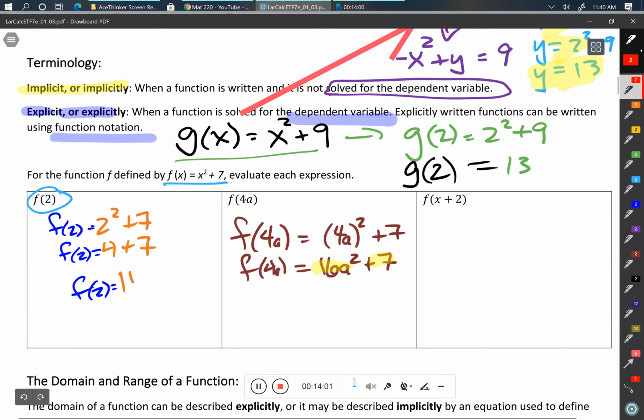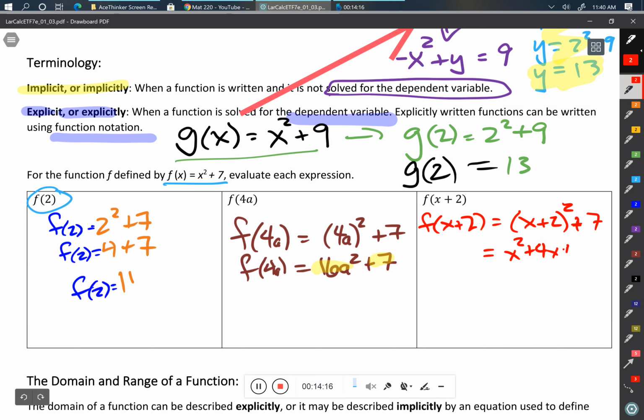Last one over here on the right, f of x plus 2. And so we have f of x plus 2 is going to be equal to x plus 2 squared plus 7. X plus 2 squared is x squared plus 4x plus 4 plus 7. And so then, combining the like terms that I can combine, I get x squared plus 4x plus 11.